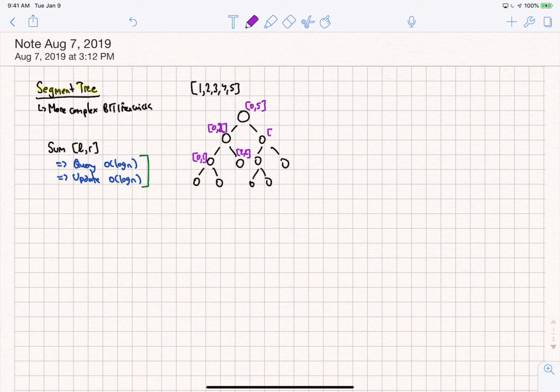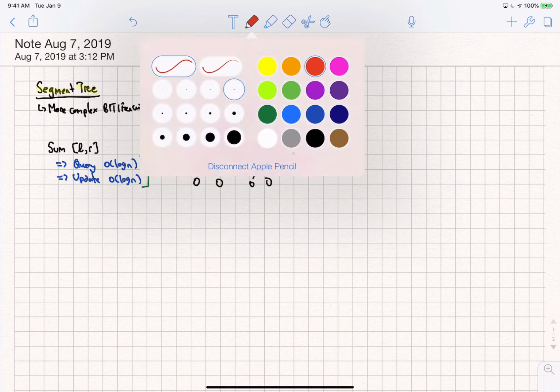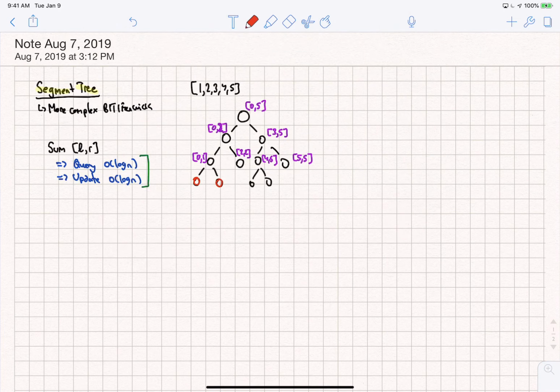So this one is divided by 2, round up 1, 3 to 5. This one is going to be 5 to 5, 4 to 5, and naturally we're going to have child nodes down here, leaf nodes actually, that are going to be index 0, 1, 2, 3, 4, and 5.